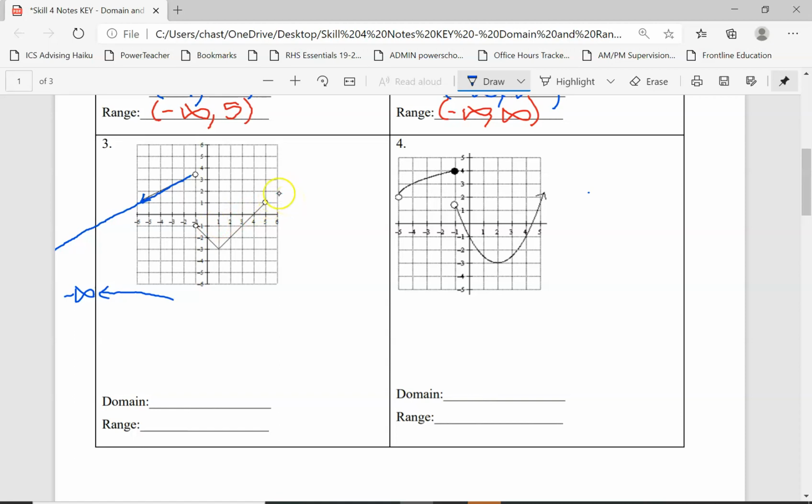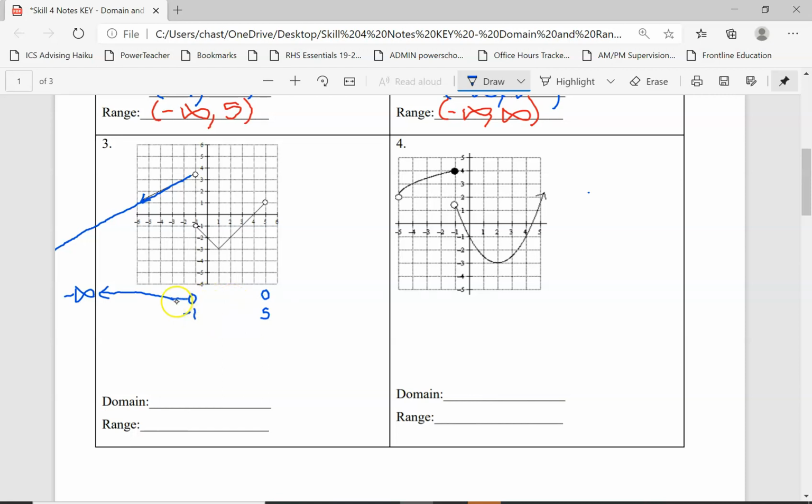There's no arrows. So we definitely have an ending point at 5. Okay, and also if you look here at negative 1, there is no value that has a negative 1 in the domain. Okay?